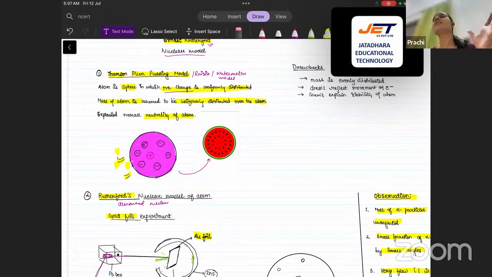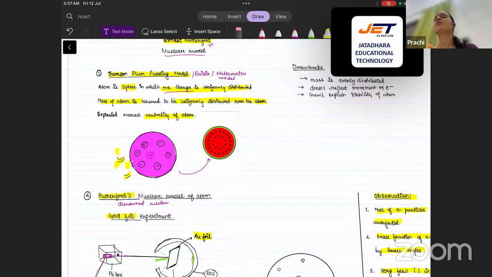That was the rough roadmap of what we will be learning. So we started with the atomic models, and in that we learned that there were four atomic models that were given to explain the structure of the atom.